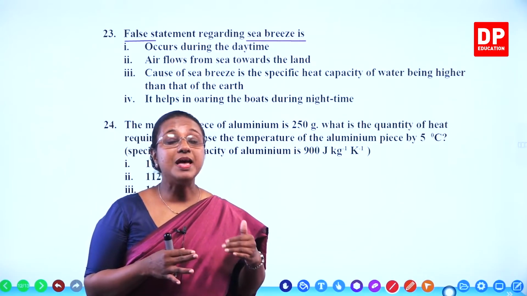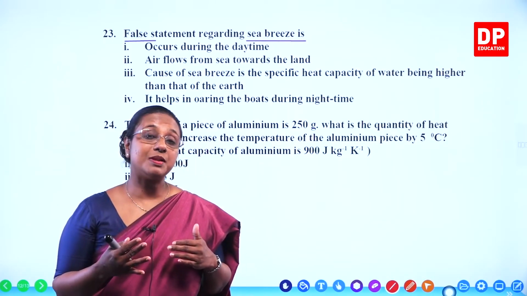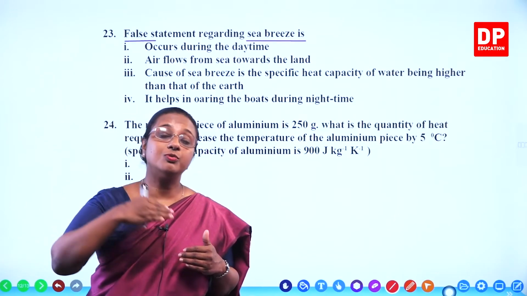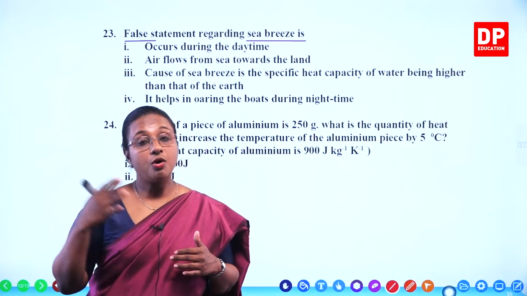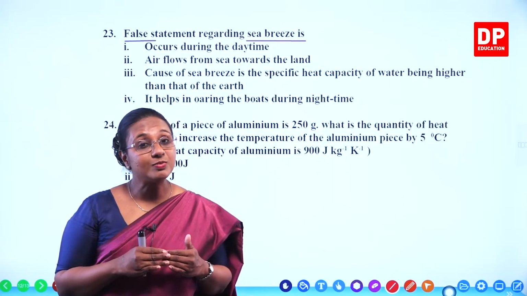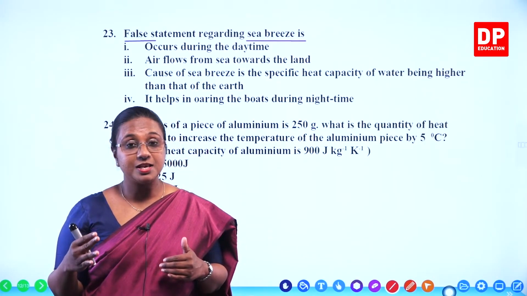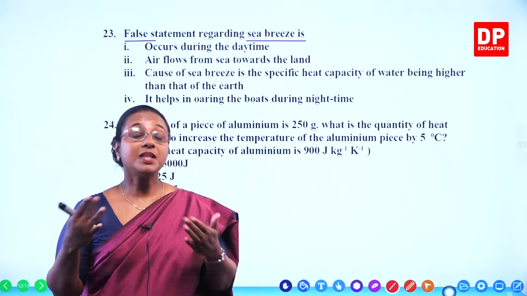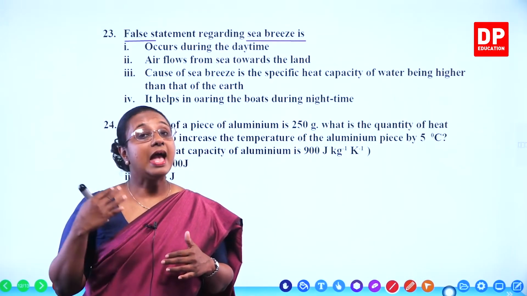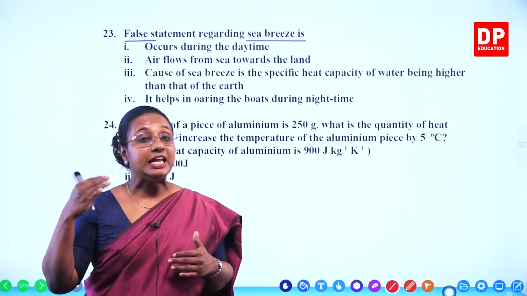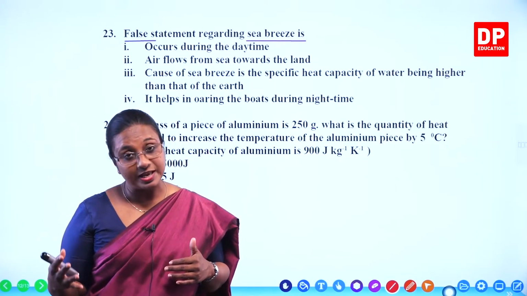And to balance that pressure, the cool air that is above sea will flow towards the land, or the mass of air will move towards the land. And that is what we call sea breeze. So usually sea breeze occurs during the daytime. But in the night time, as water takes a longer time to increase in temperature, it loses heat also very slowly.